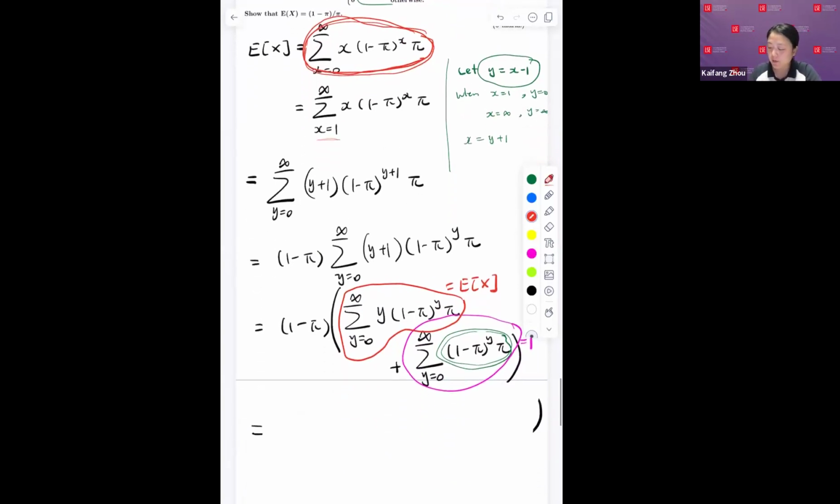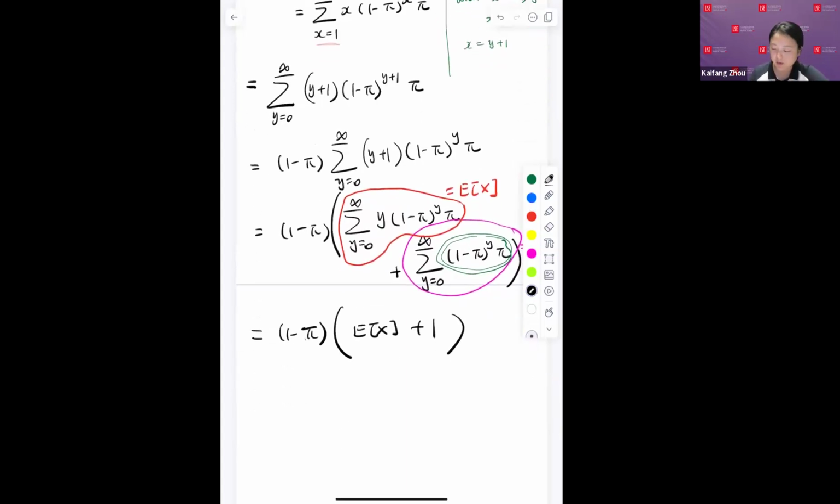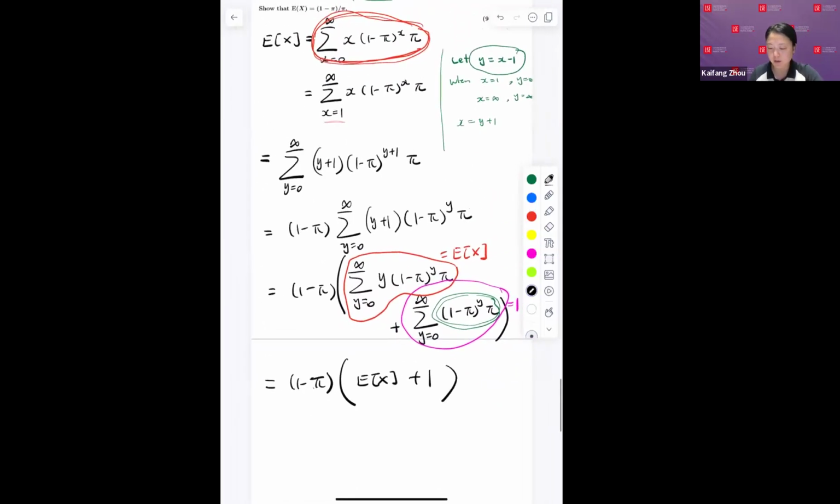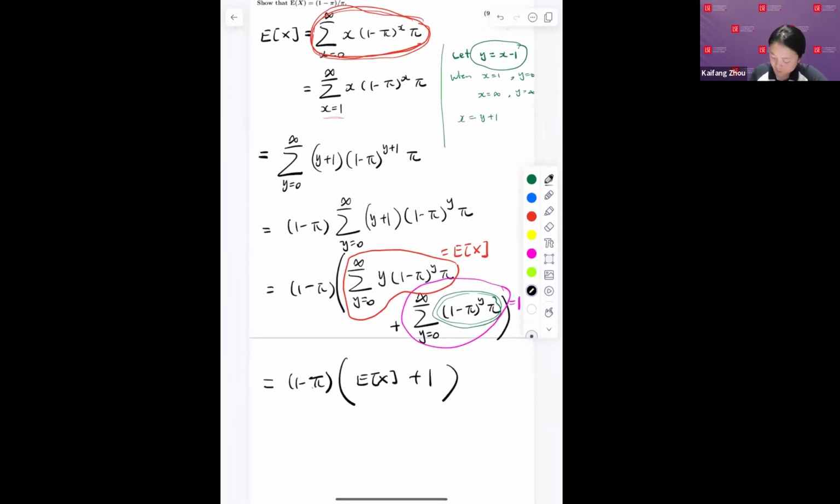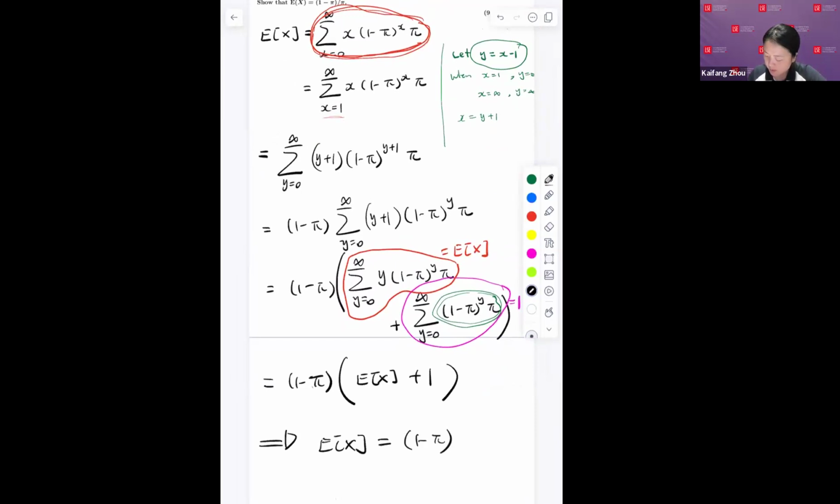So now let's tidy up everything. If you tidy up, we have 1 minus pi times the expectation of x plus 1. Summarizing everything together, we have the expectation of x is equal to 1 minus pi times the expectation of x plus 1.